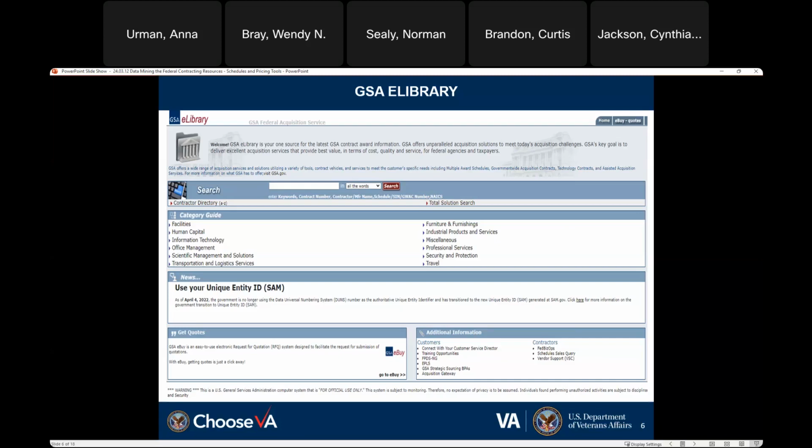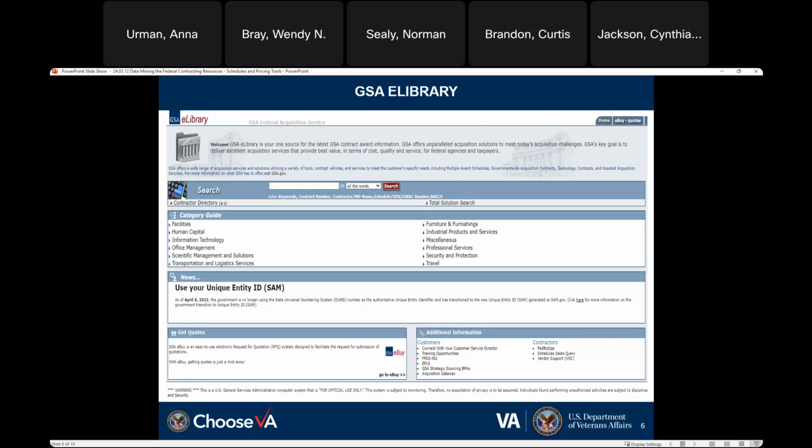Or looking for teaming partners that may have a GSA schedule. They're also called GSA schedule, multiple award schedule, or MAS, and federal supply schedule, or FSS. It's exactly the same thing. So I'll refer mostly to GSA schedules, but it also means MAS and FSS. They're going through some rebranding.